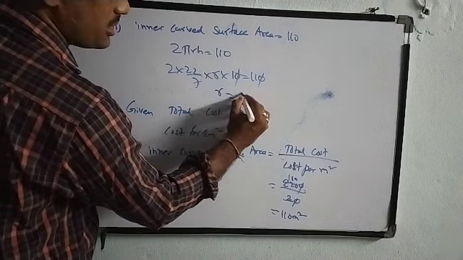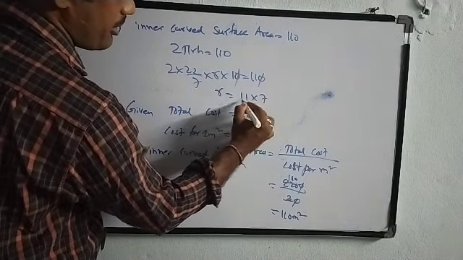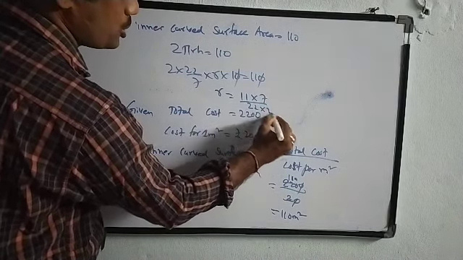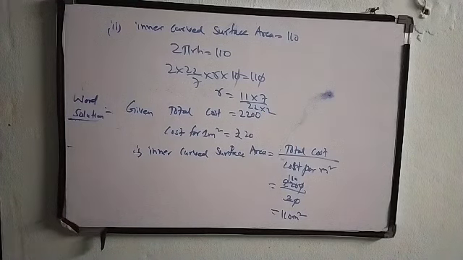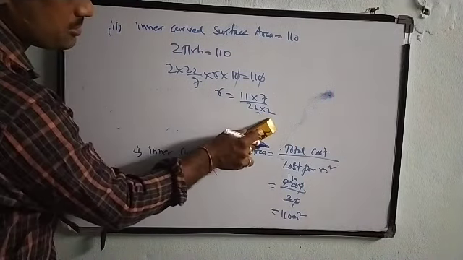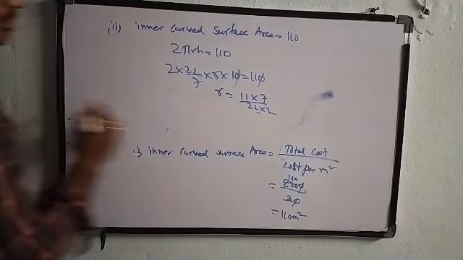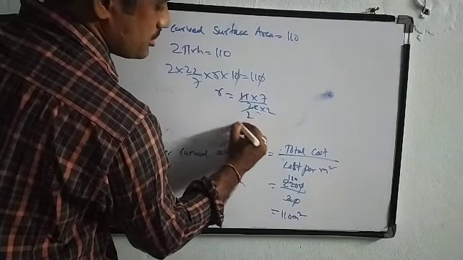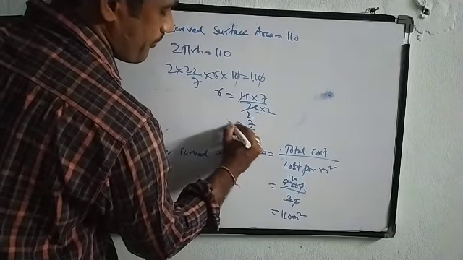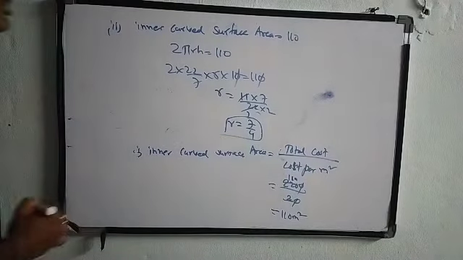So R is equal to 11 into 7 by 22 into 2. So 11 2s are 22, that is 7 by 4. So radius is 7 by 4.